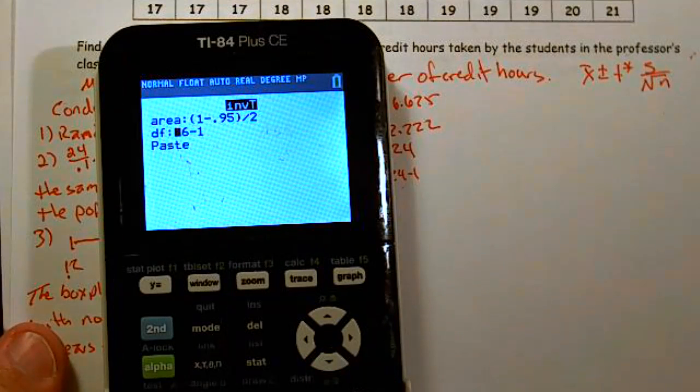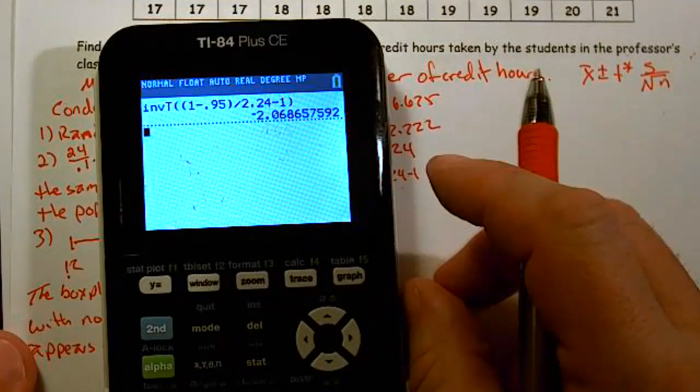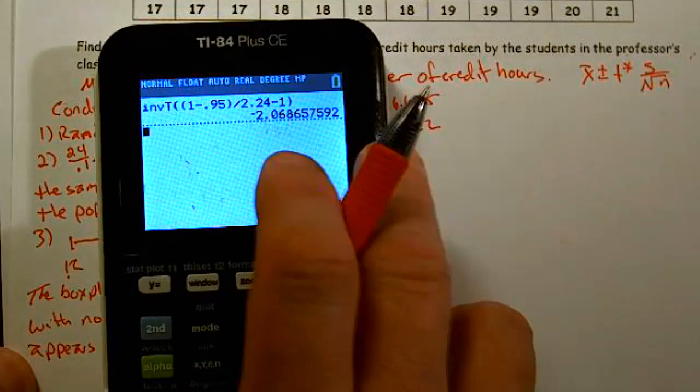Degrees of freedom are going to be 24 minus 1, or you could just type in 23. And I end up getting a t star of 2.0686.